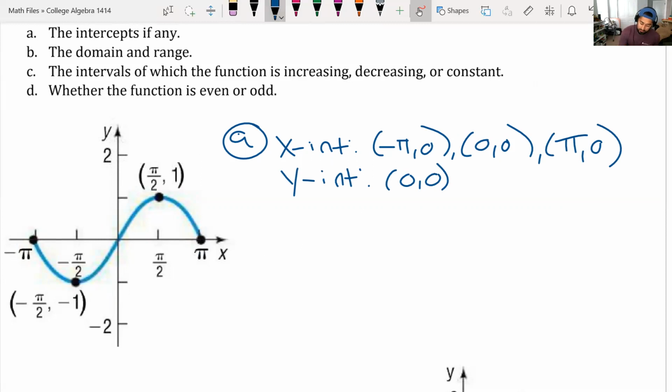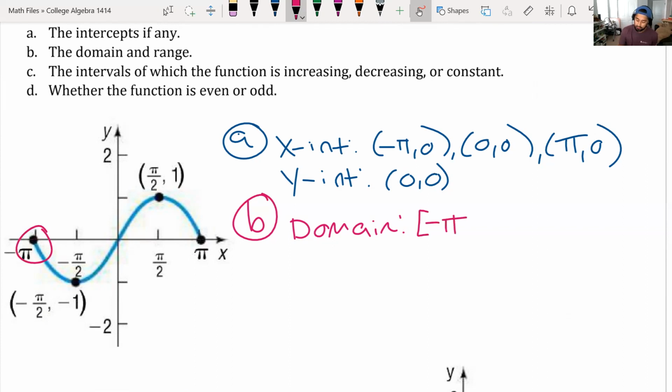Okay, and then B, find the domain and range. Okay, so domain, once again, deals with x values. And the smallest x value that we start with is negative pi.